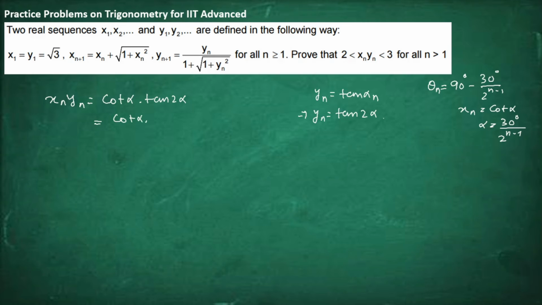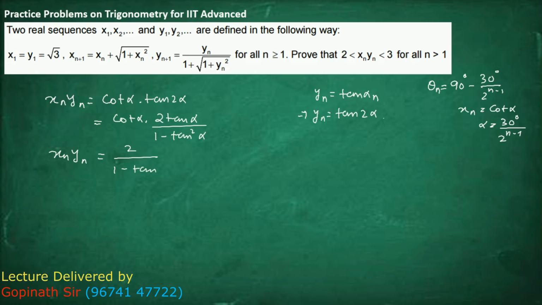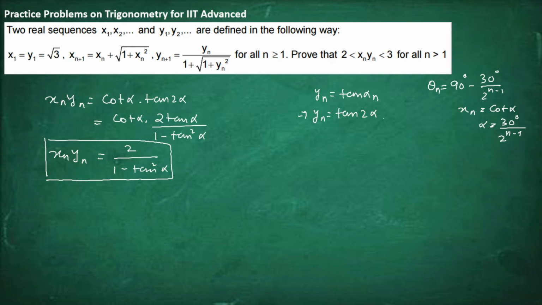So writing the formula of tan 2 alpha, which is nothing but 2 tan alpha divided by 1 minus tan square alpha, right? So we are getting xn yn as 2 by 1 minus tan square alpha. Is this clear to everybody or not? Tell me first. Have you understood this? So xn yn is 2 by 1 minus tan square alpha.